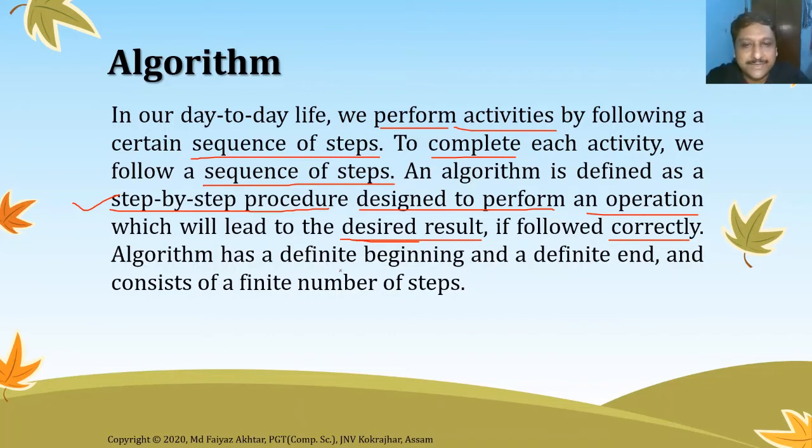An algorithm has a definite beginning, which means a beginning step is marked, and a definite end, which is also marked. Here we start the algorithm and this is the end of the algorithm. It consists of a finite number of steps, which means we can count the steps: it is having 5 steps, or 7 steps, or this problem can be solved with 10 steps.